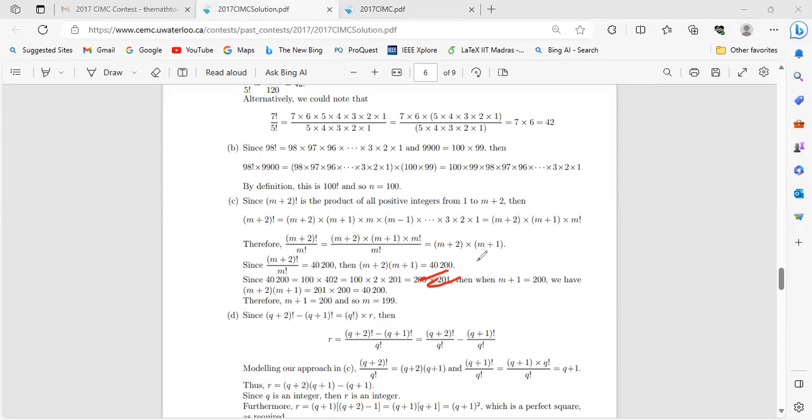So m plus 2 factorial is the same as m factorial times m plus 2 and m plus 1. Then the m factorial cancels out in the bottom and the top, and you just have m plus 2 times m plus 1, equal to 40200.